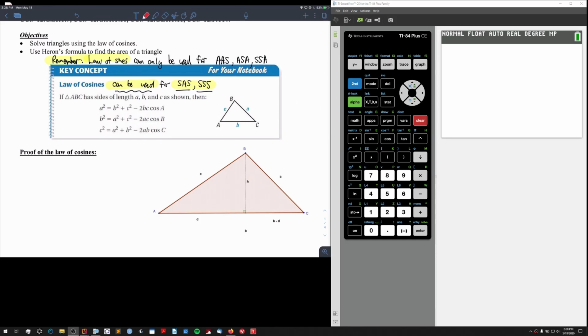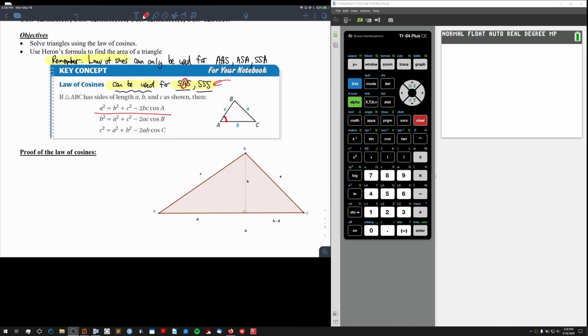So if my missing piece of information is angle A, then I would use this formula. Now if my missing piece of information is angle A, I must have been given all three sides, because if I don't have an angle, I must know all three sides.